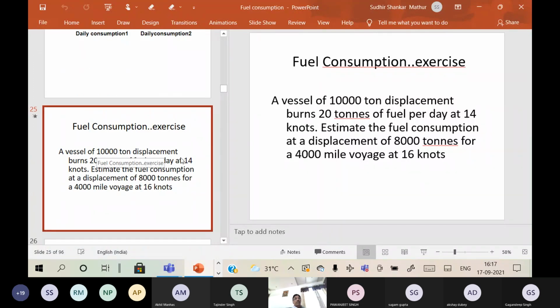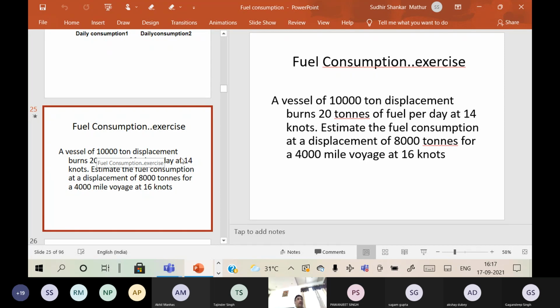So this can be done in two ways. One is using the voyage consumption direct formula. Second one, first calculate as you have done, by calculating the daily consumption under the different speed, which is 16. At 14 we know it is 20, so we calculated at 16 using the DC1 by DC2 formula.